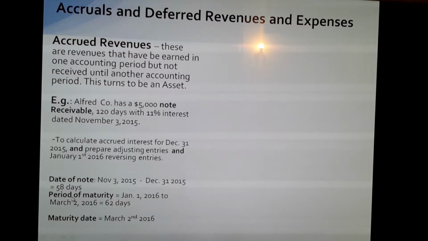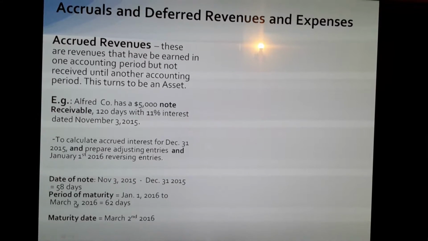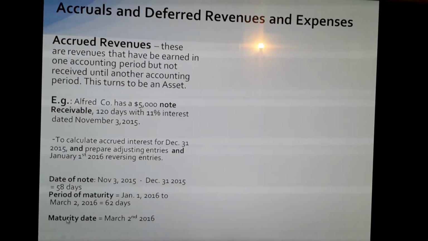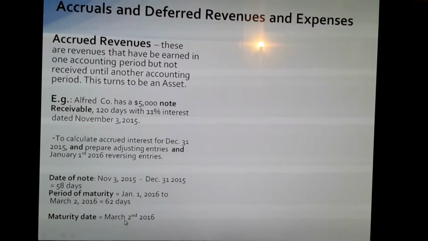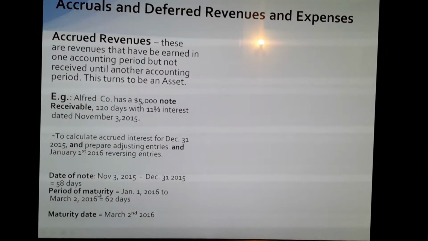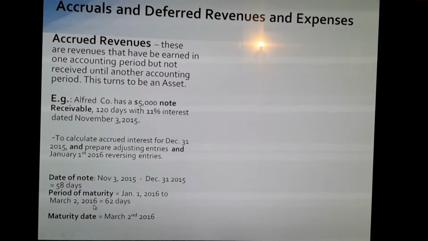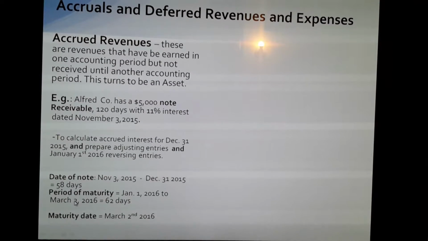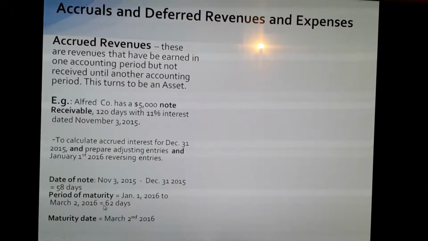The maturity period runs from October to March 1st, but the maturity date is March 2nd. March 2nd is the maturity date. Remember, 2016 is a leap year. If you get March 1st, you are wrong, because February was a leap year.